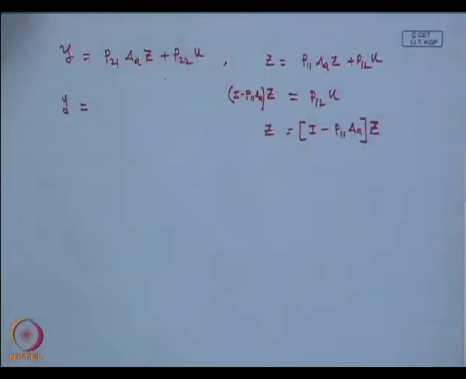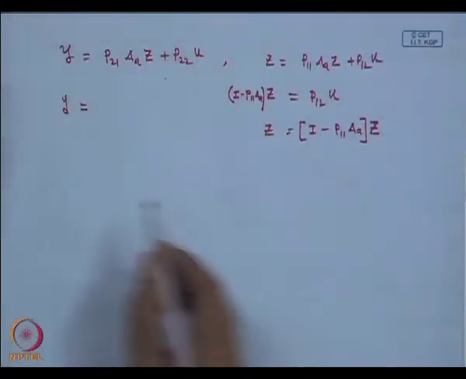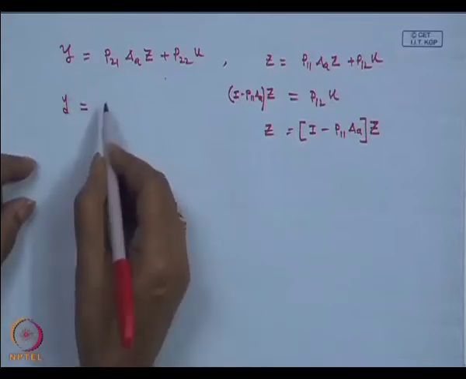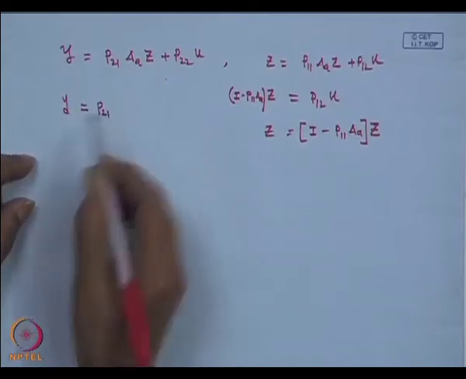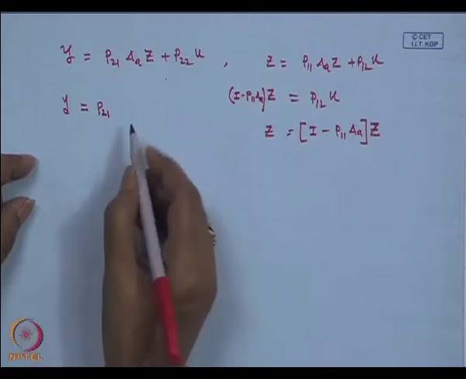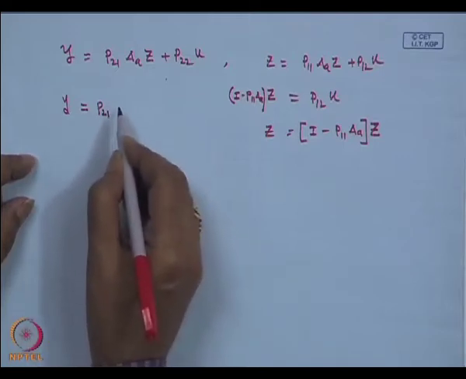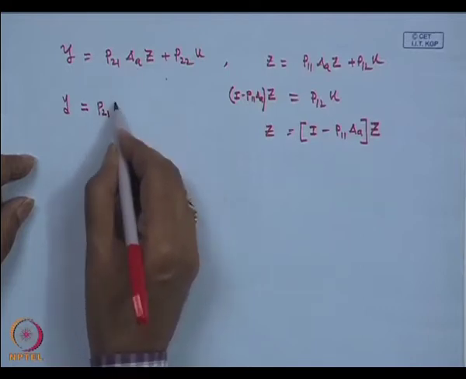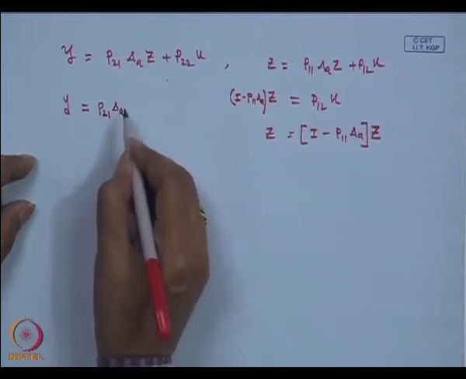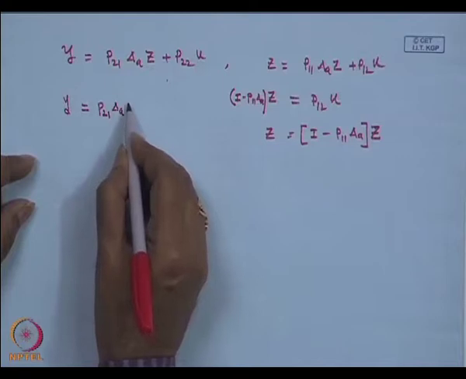So now I can write it, in place of Z, put this P21. Agree? P21, then what is the delta A? Then Z is what?